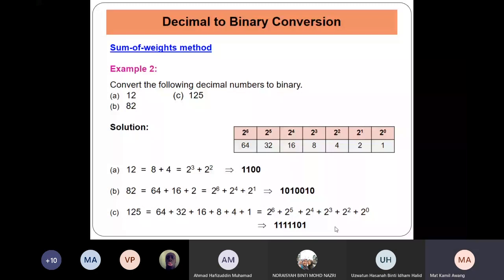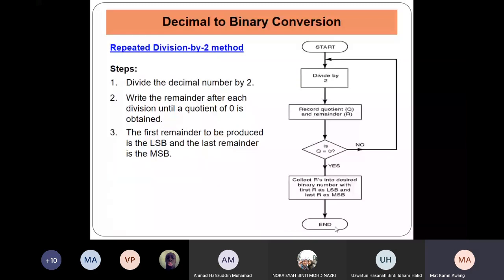But the easier method is called the division by 2 method. These are the steps. You take the decimal number and divide by 2. Then you record the quotient and the remainder. You write the remainder after each division until a quotient of 0 is obtained.